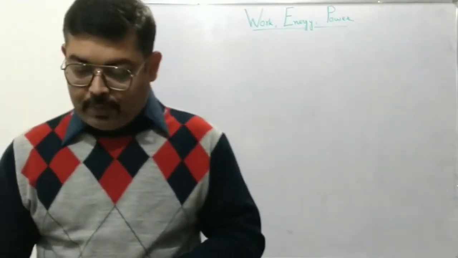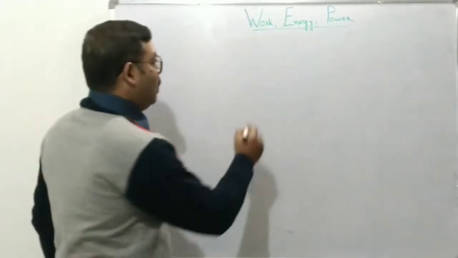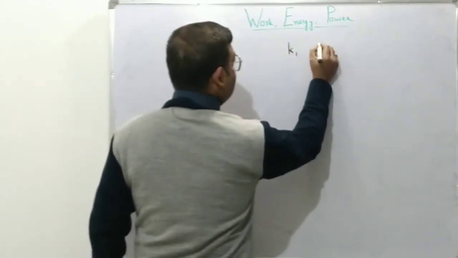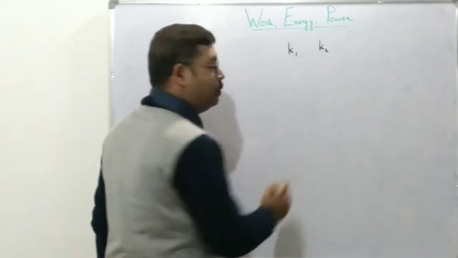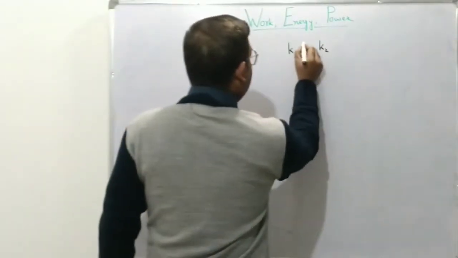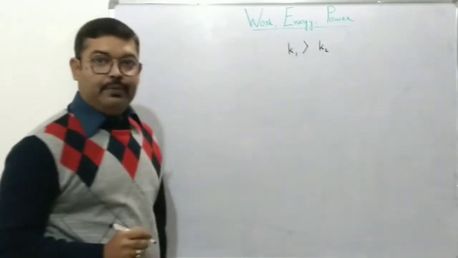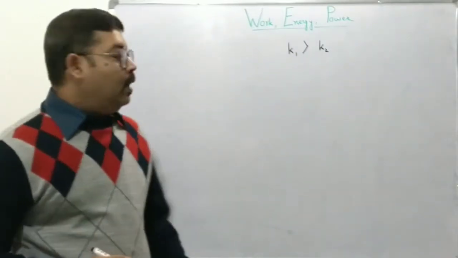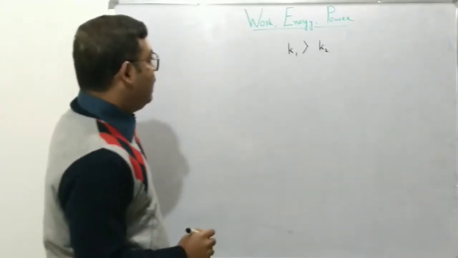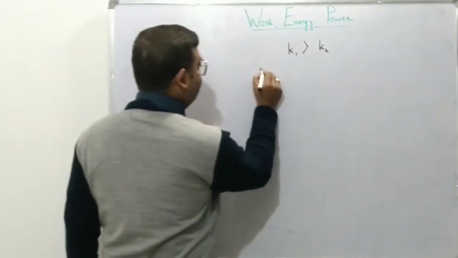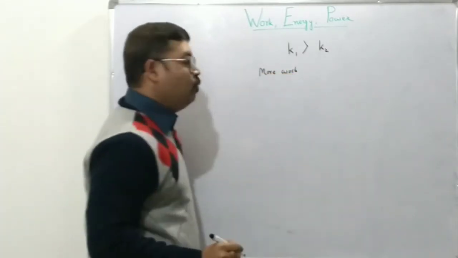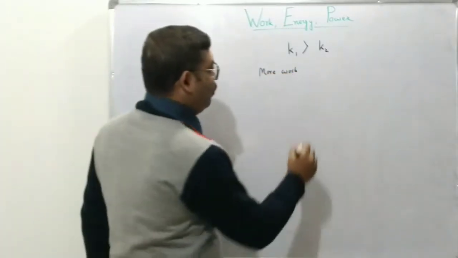So for our first problem, we are given two springs. One has a spring constant of K1, the other one has a spring constant of K2. Two different springs with two different spring constants such that K1 is greater than K2. We need to find in which spring more work will be done for two different cases.